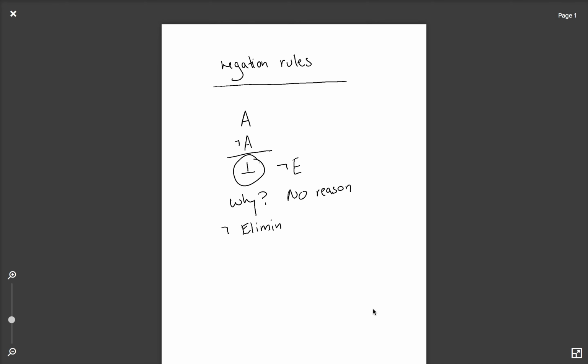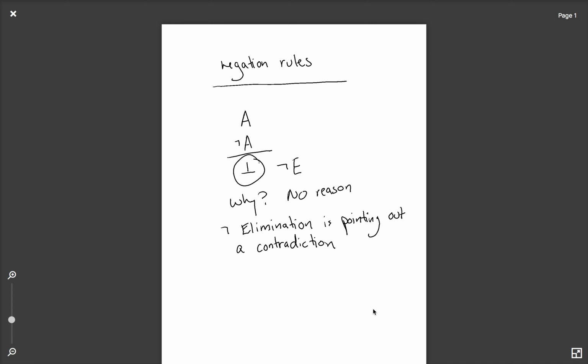Negation elimination is the rule that allows you to write the contradiction symbol into your proofs. You use an upside down T to stand for a contradiction because a stand up T stands for true or tautology. So an upside down T is the opposite of that, which is a contradiction.